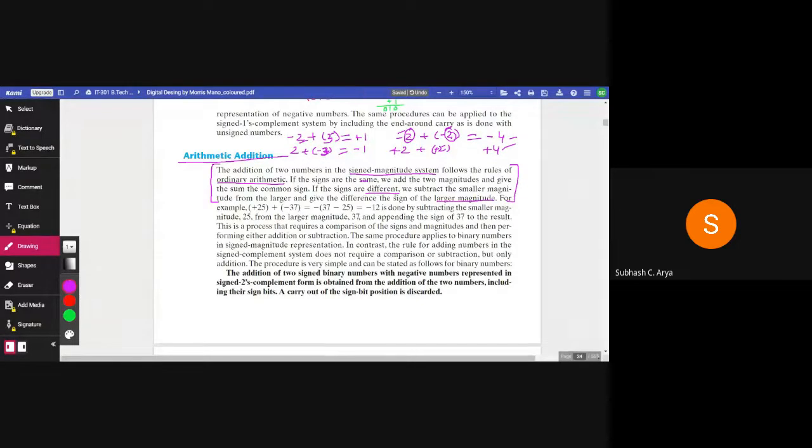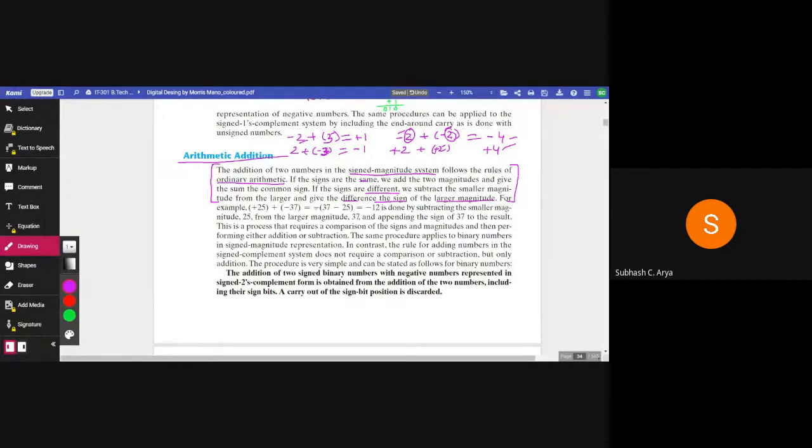If the signs are different, we subtract the smaller magnitude, in both cases 2, from the larger, which is 3, and give the difference the sign of the larger magnitude. For example, 25 plus -37 is equal to what?